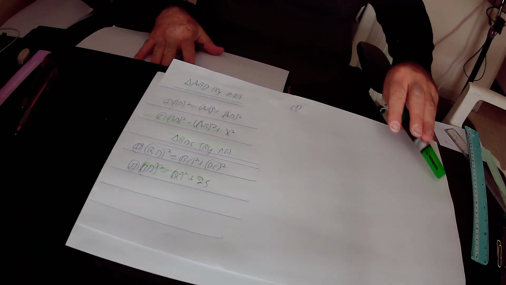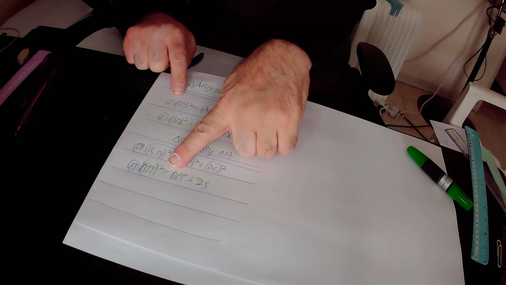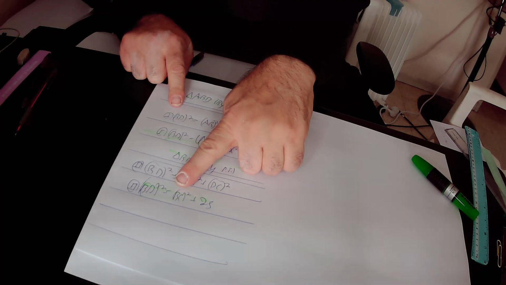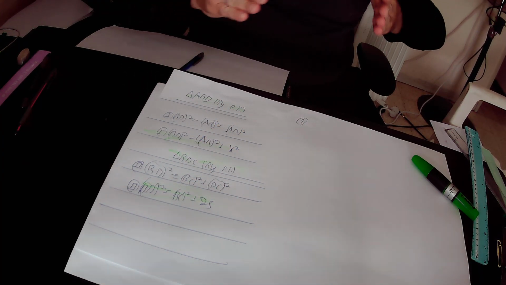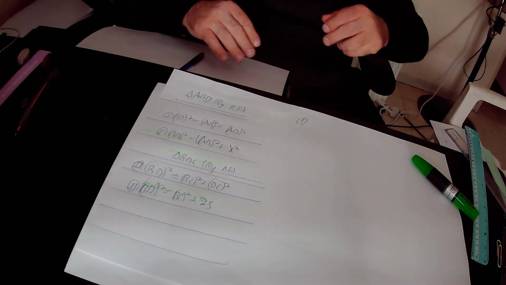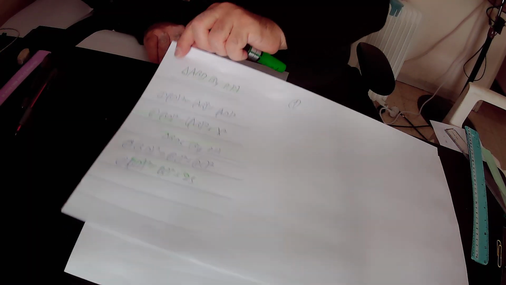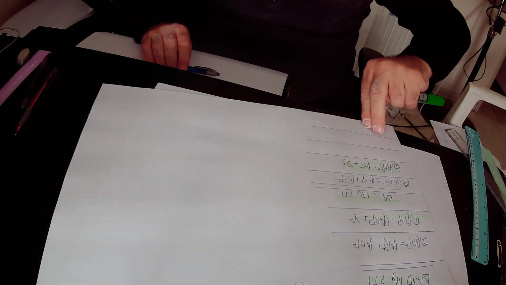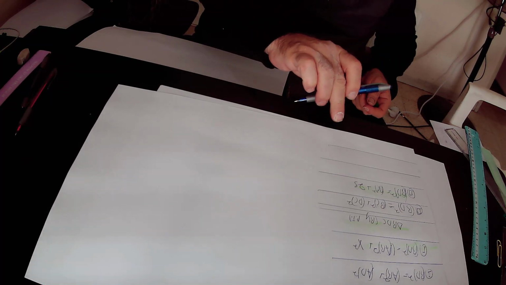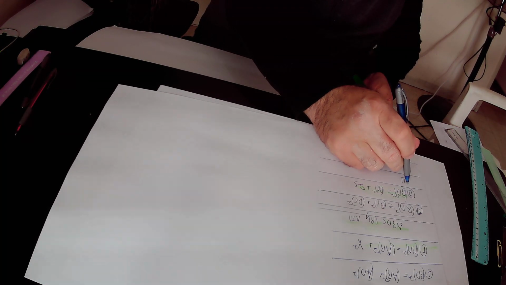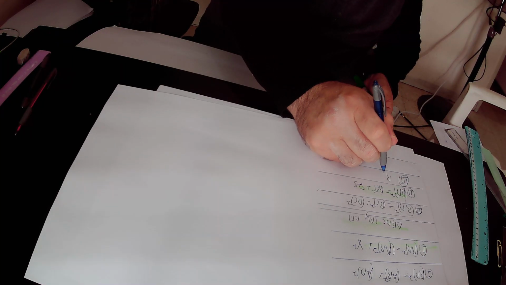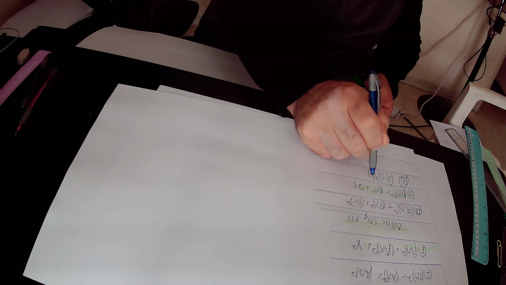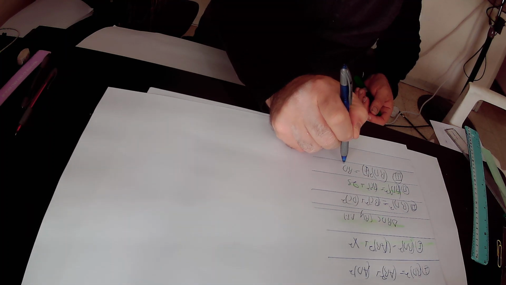So actually, we have two different equations for BD square. Therefore, we create equation 3, which says that BD square according to equation 1 must be equal to BD square according to equation 2.